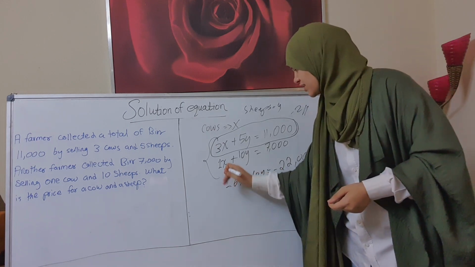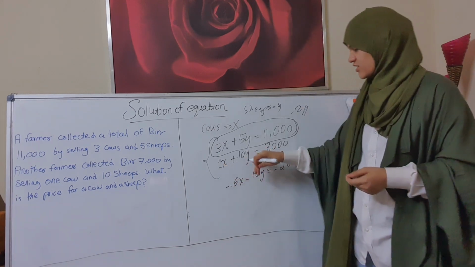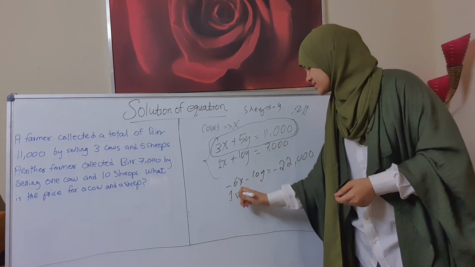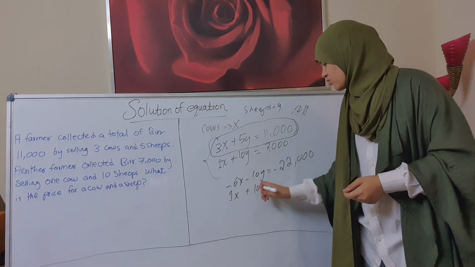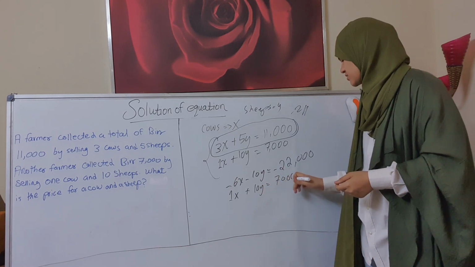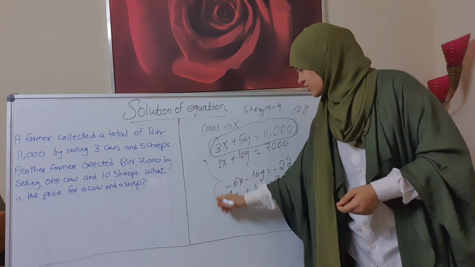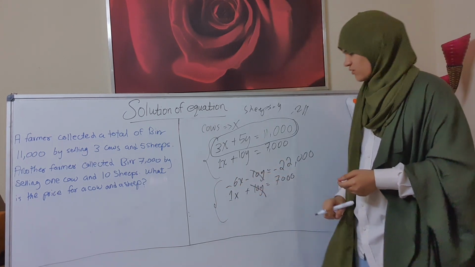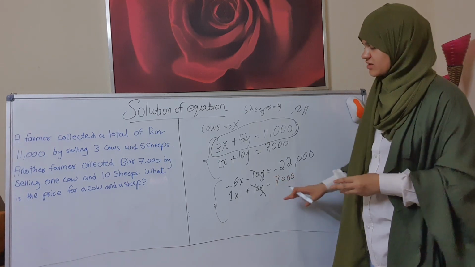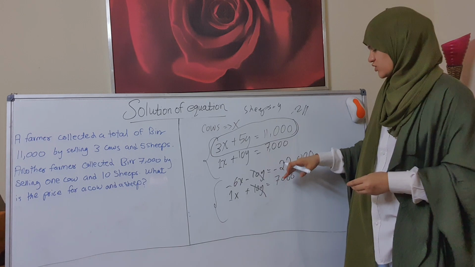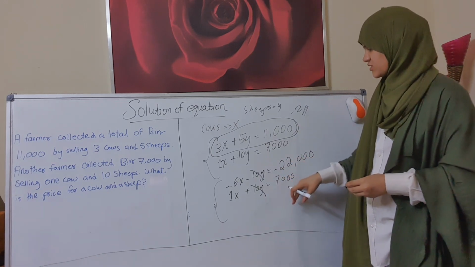And the other equation, 1x plus 10y is equal to 7,000. First of all, we cancel 10y with 10y. Then what we are left with is negative 6x plus 1x is equal to negative 22,000 plus 7,000.